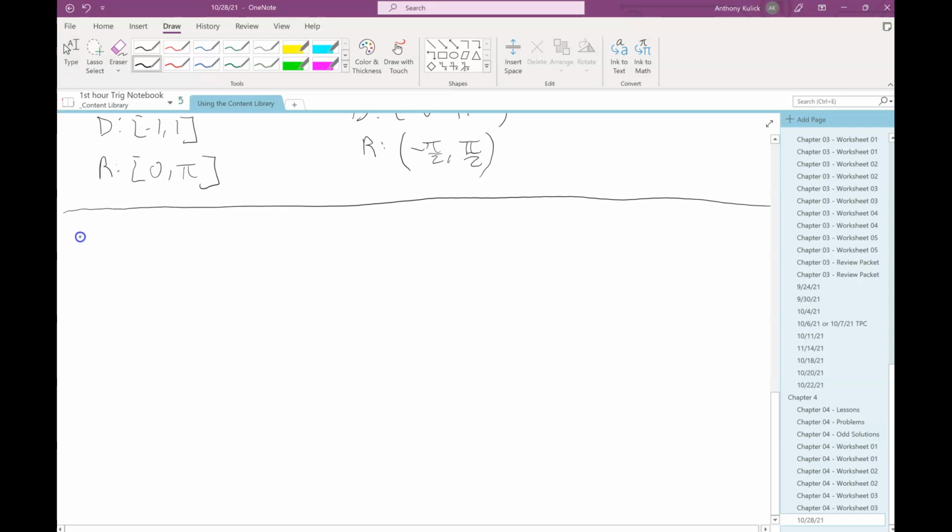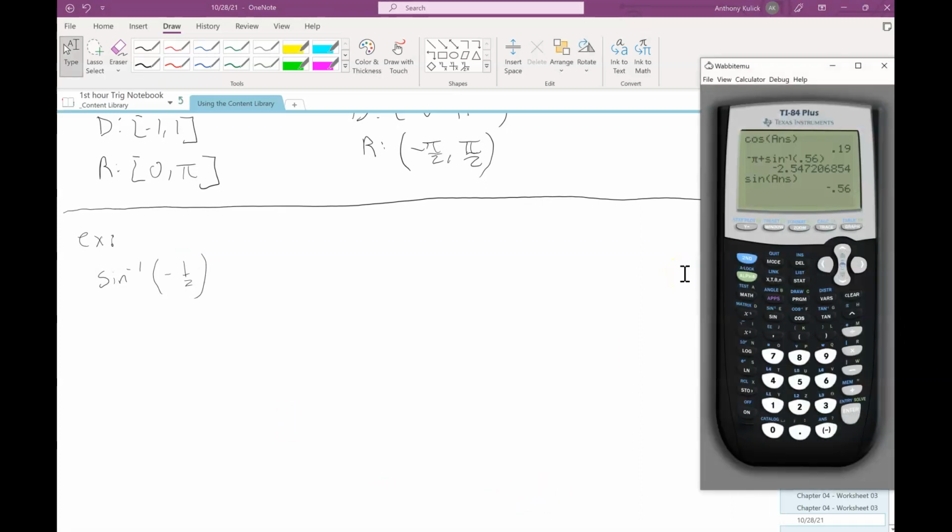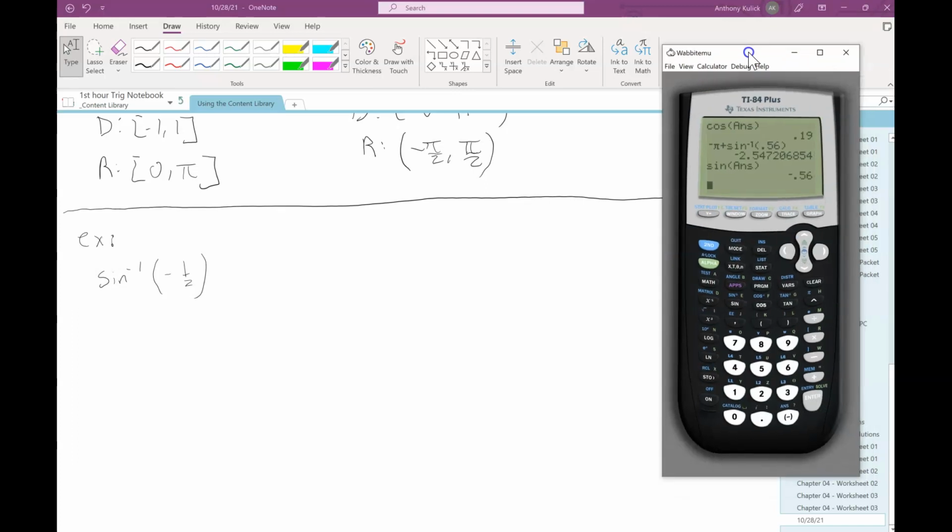So if I do sine inverse of negative 1/2, and that's just my direction, the expectation would be just to go to your calculator, input sine inverse of negative 1/2, press enter.